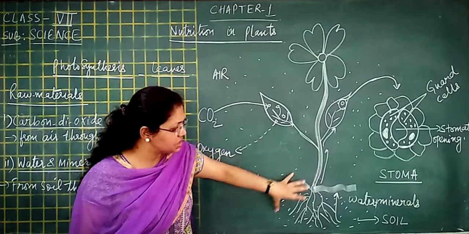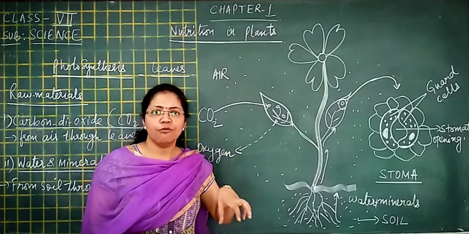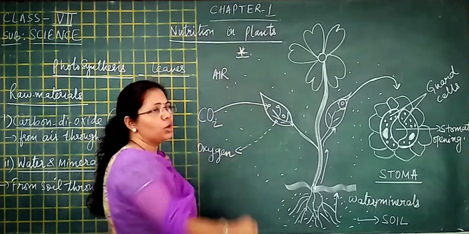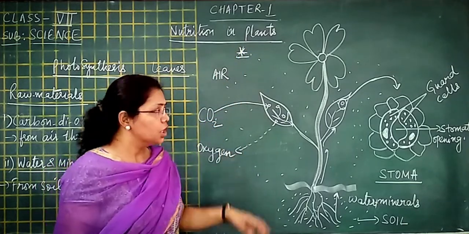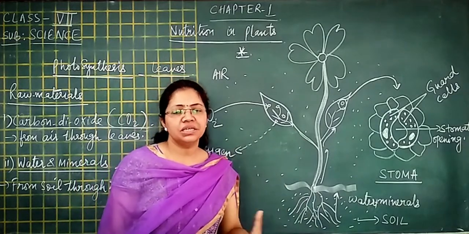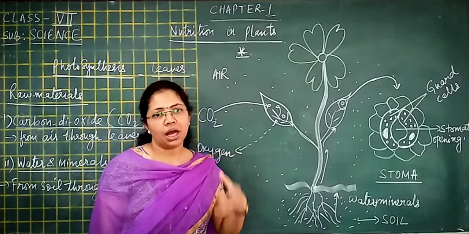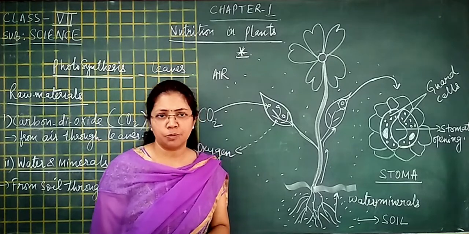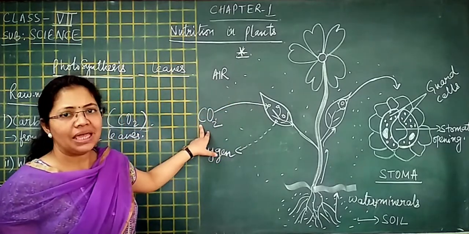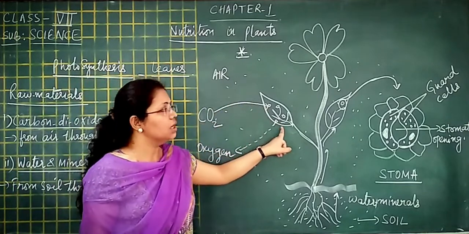This whole diagram is representing the process of photosynthesis, and it is very important for examination. This diagram as a whole represents the various raw materials which are needed by a plant for photosynthesis. So plants take CO2 from air directly through the leaves.